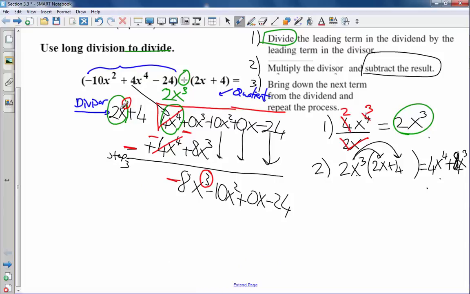But sometimes if this is, for example, 3, then you're going to stop when you get a result with power 2. It's always 1 less than the leading power of the divisor. Okay? But since this is 1, that means I will keep going until all x is wiped out.